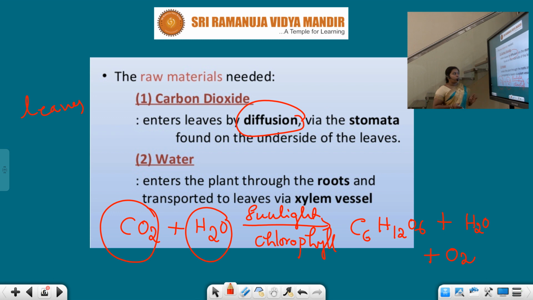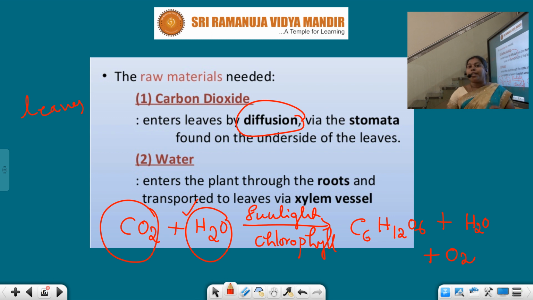That is about carbon dioxide. Now, let us see the second raw material, water. Water enters the plant through the roots and is transported to the leaves via xylem vessels. There are two types of vessels present in the plant, xylem and phloem.